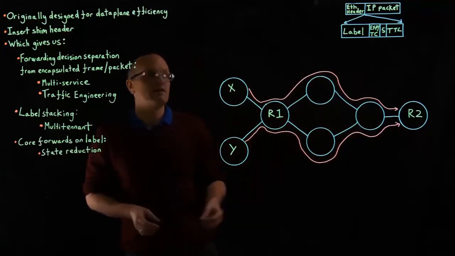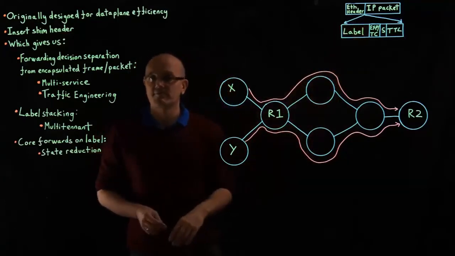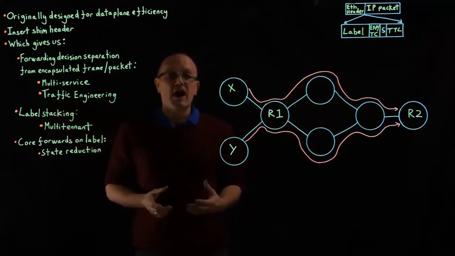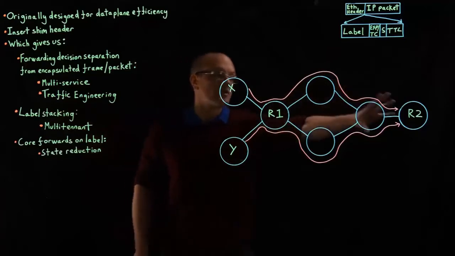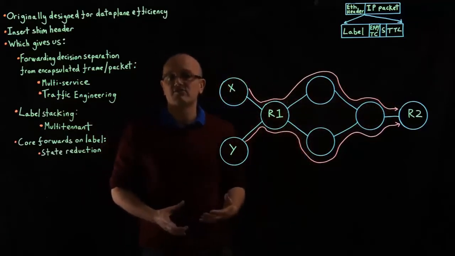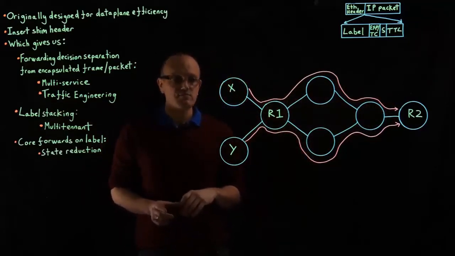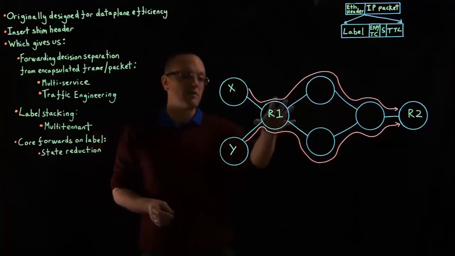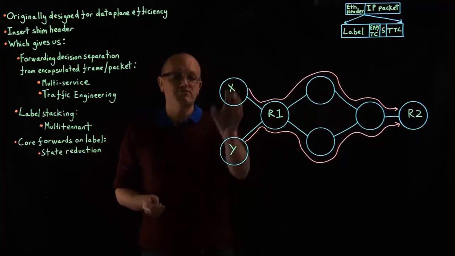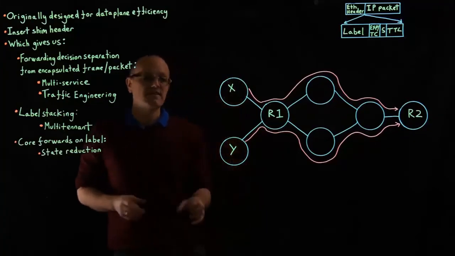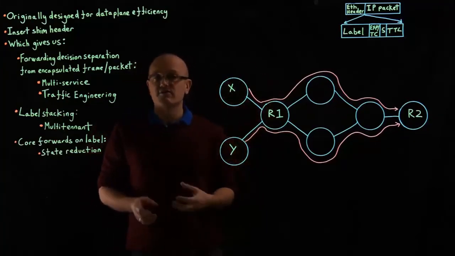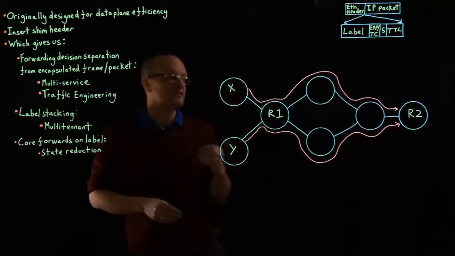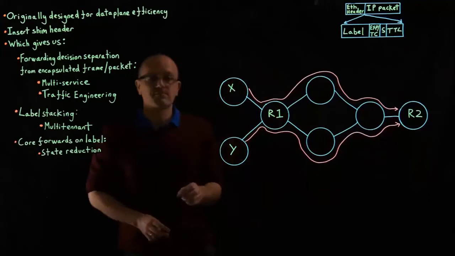This use of a label for forwarding also means that we can do things like traffic engineering. And I've drawn up a little example diagram on the board here to better illustrate traffic engineering. So say that we're looking at the network from the perspective of R1. There are upstream routers, and they are sending traffic to R1, and all of the traffic that these upstream routers are sending is destined to R2.